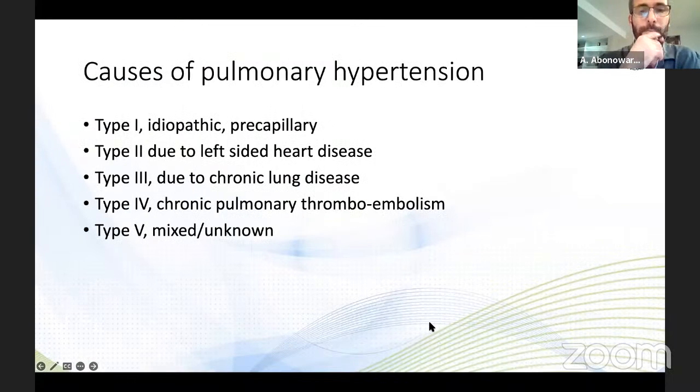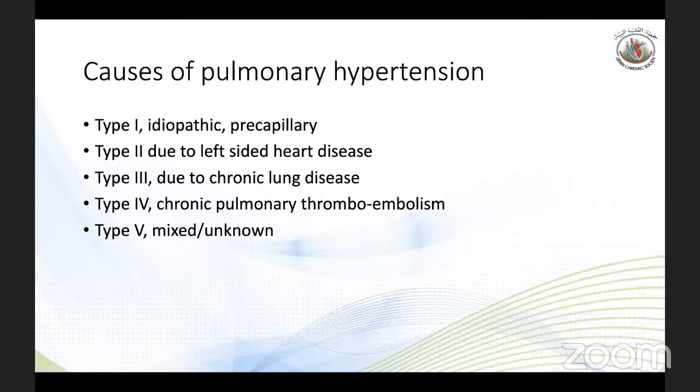If your saturation is 92, 94, 95, 96, then most likely you are in the accurate wedge position, so you can continue wedging. If it is really coming in the 70s, 78, 79, or 72, then you know that you're not wedging, and there's a lot of mixed blood from the pulmonary artery over there. So you have to repeat your wedging to get an accurate wedge.